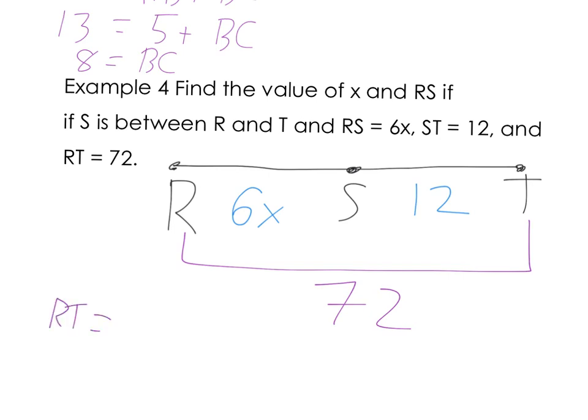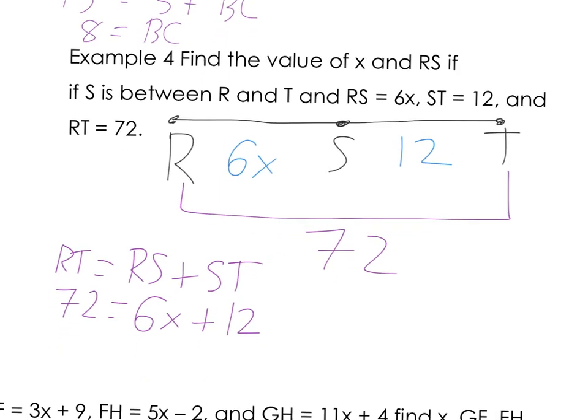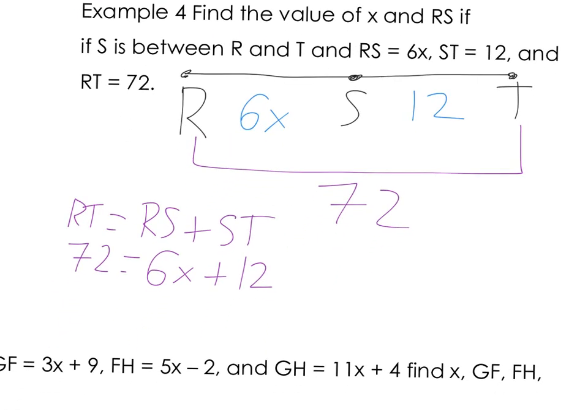RT is equal to RS plus ST, or 72 is equal to 6x plus 12. Well, combine like terms. That should give us 60 is equal to 6x, or simply x is equal to 10.